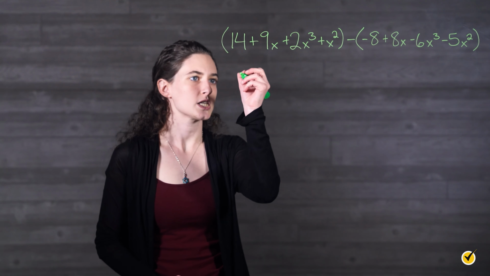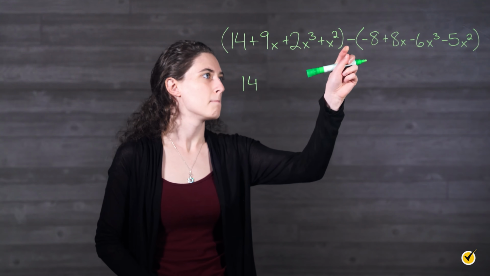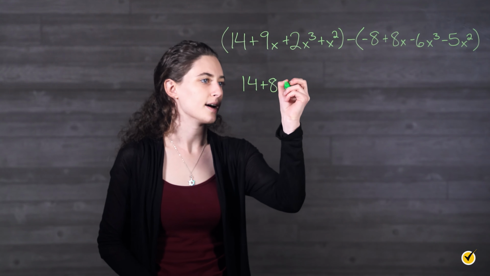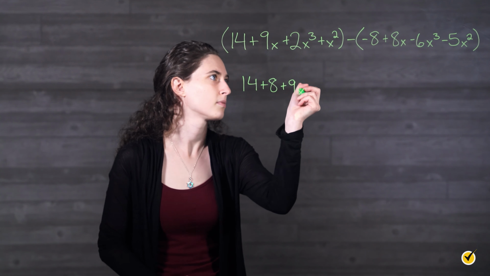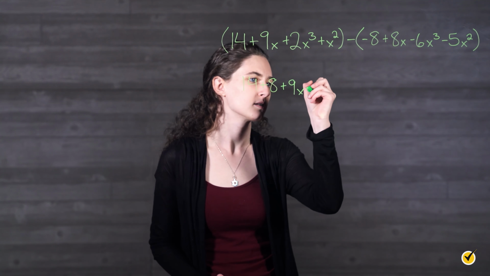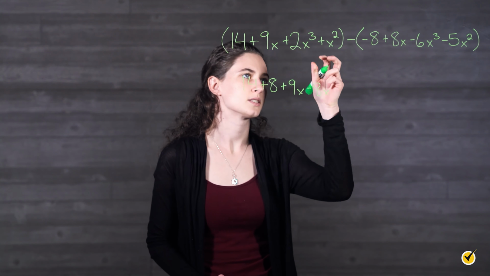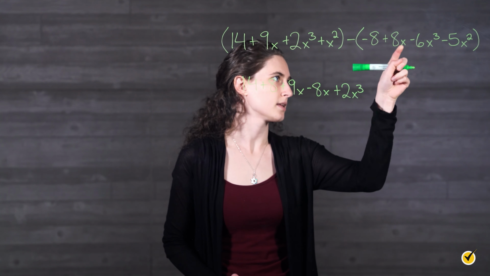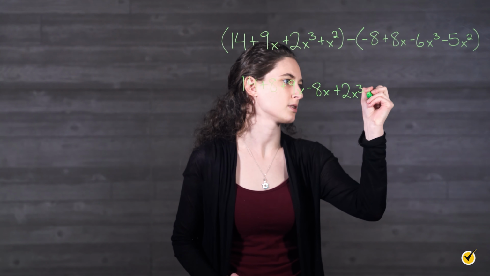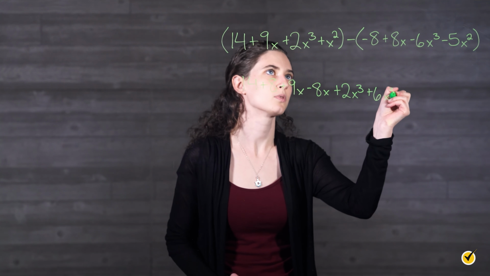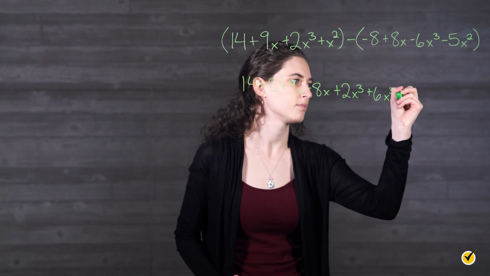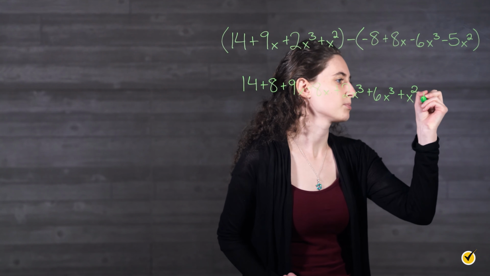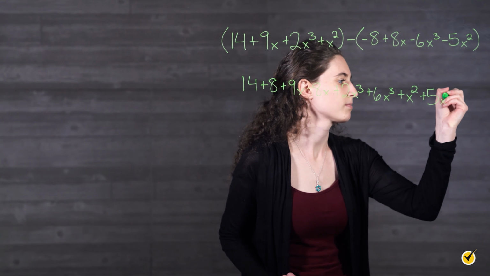So we have 14 minus a negative 8 turns into plus 8, plus 9x minus 8x plus 2x cubed minus negative 6x cubed turns into plus 6x cubed plus x squared minus negative 5x squared turns into plus 5x squared.